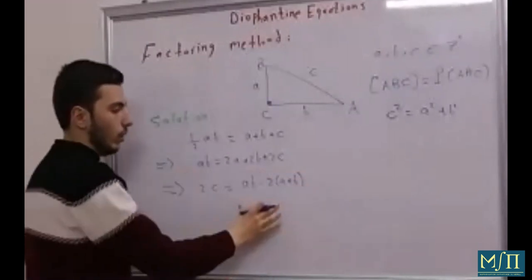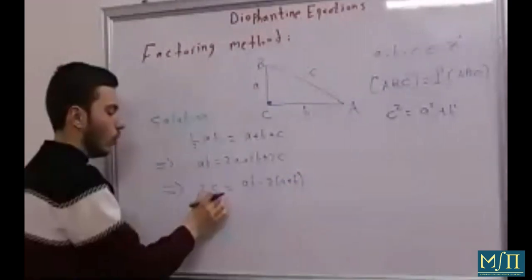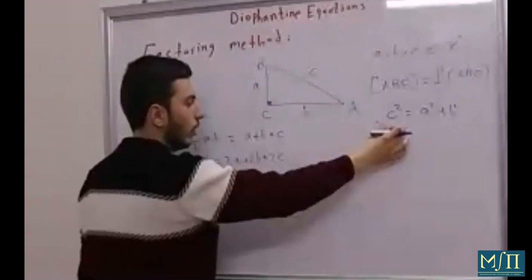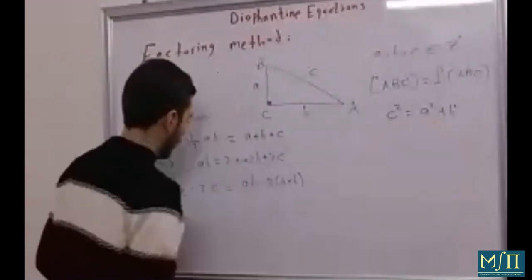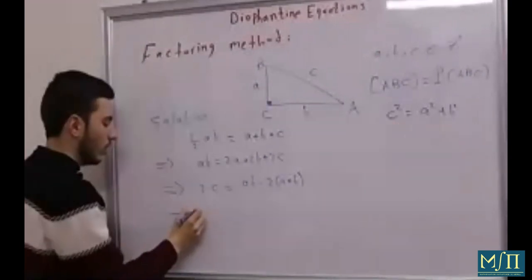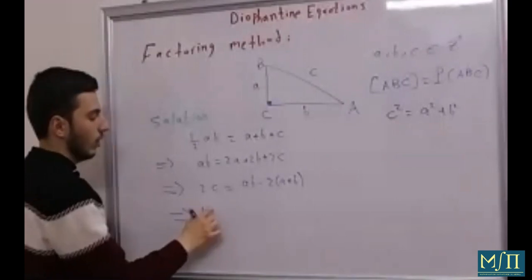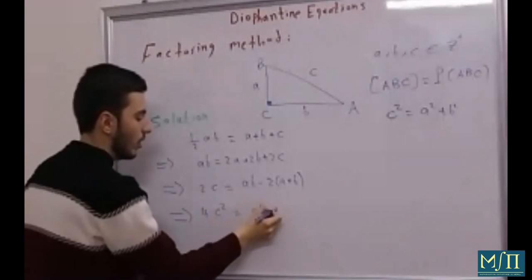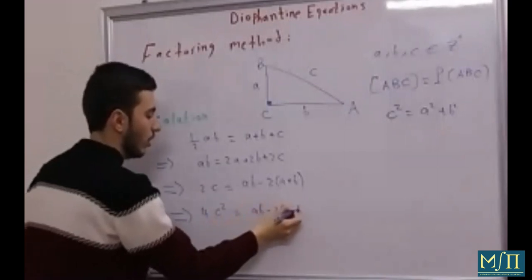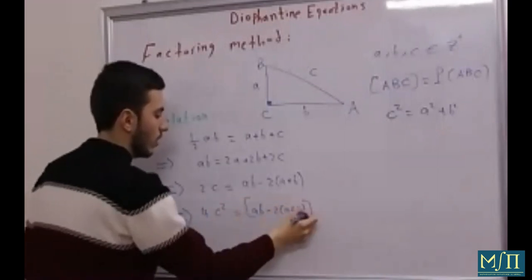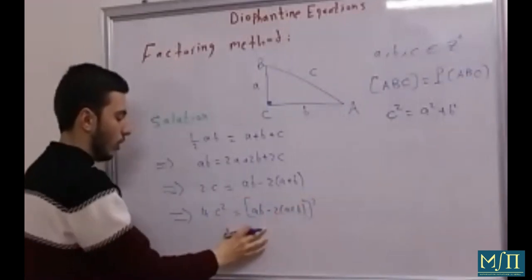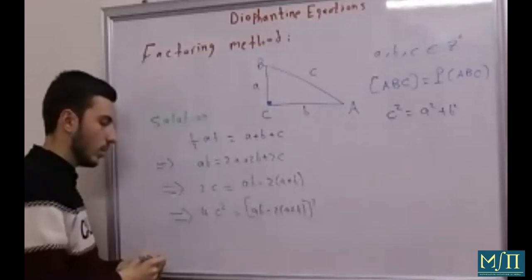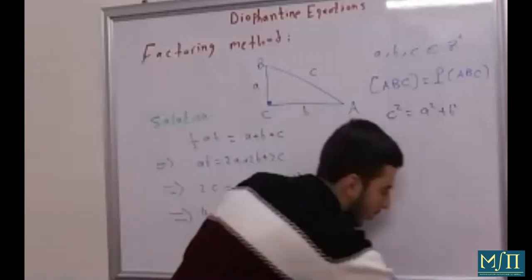Now we will square both sides, and substitute C squared with A squared plus B squared. So now we will get 4 times C squared equals (AB minus 2 times (A plus B)) squared. Okay, so we'll substitute C squared with A squared plus B squared. So let's erase this.